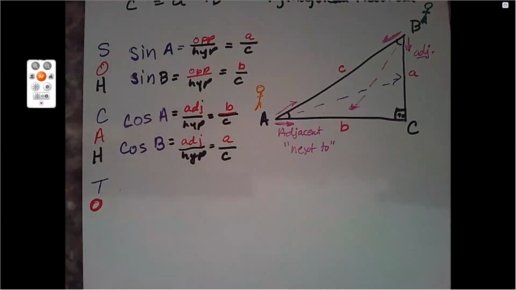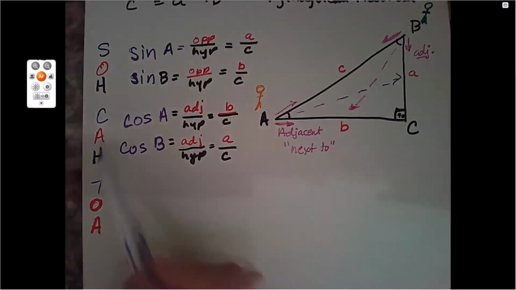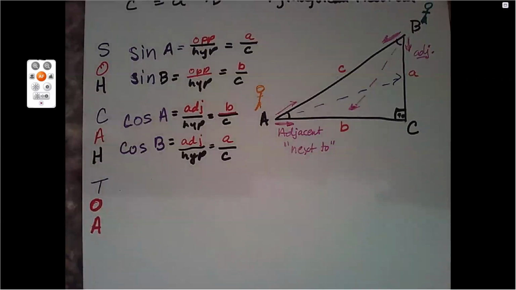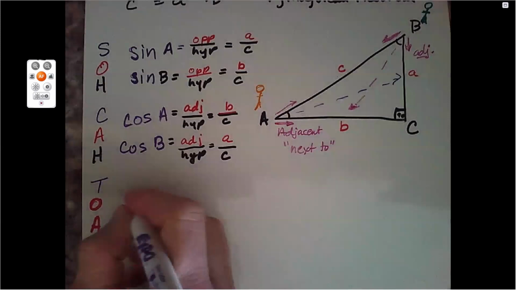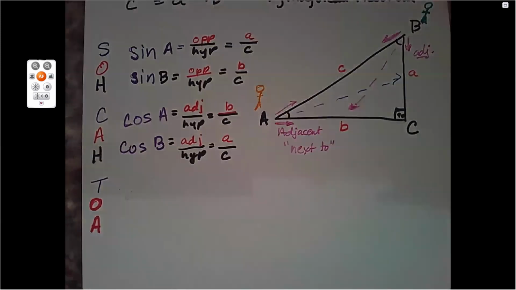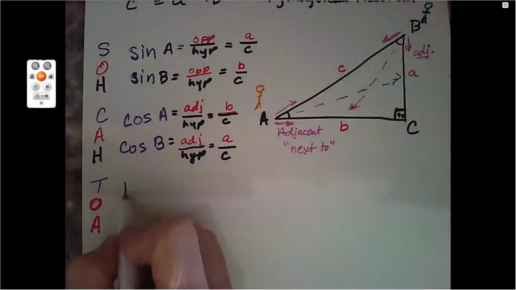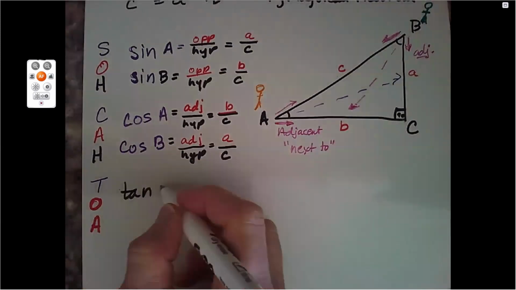I think I'm going to use red for both of them, and hopefully it'll make sense why in a second. So we've got SOHCAHTOA. All right, tangent is abbreviated TAN, and it can again be from angle A or angle B.